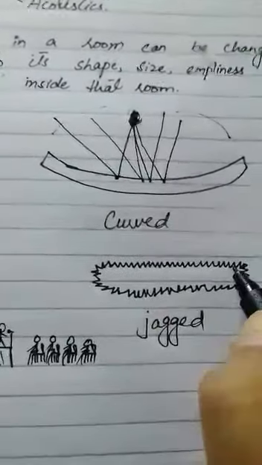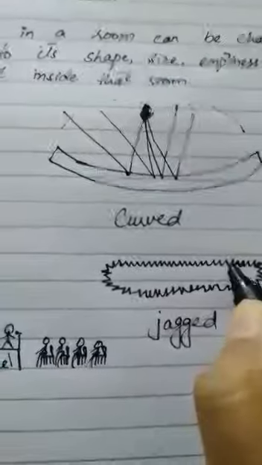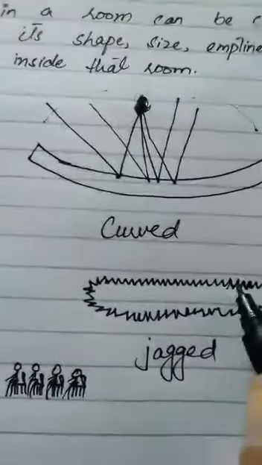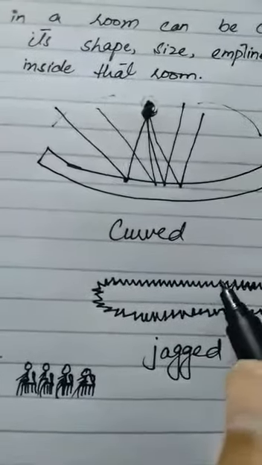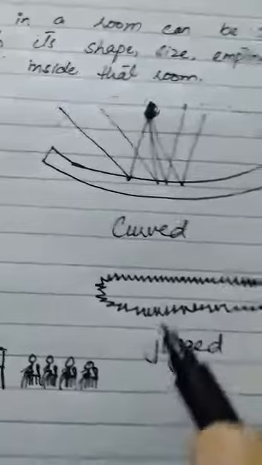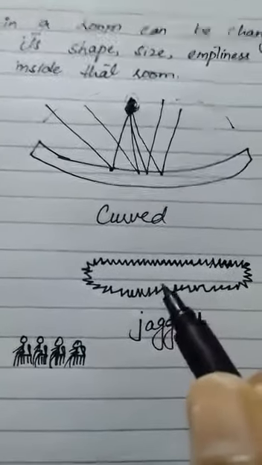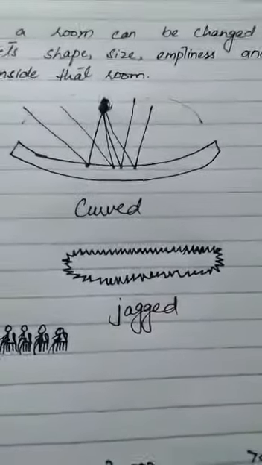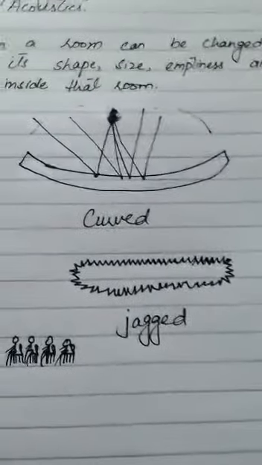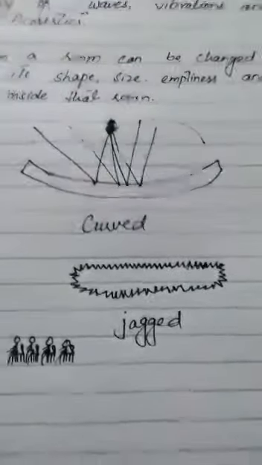These are the most absorbing materials because they have the most surface area as compared to flat surfaces, so they absorb most of the sound wave and reflect very little. If we have a room full of jagged, pointy surfaces, it will absorb sound the most, making it less loud and more feeble.